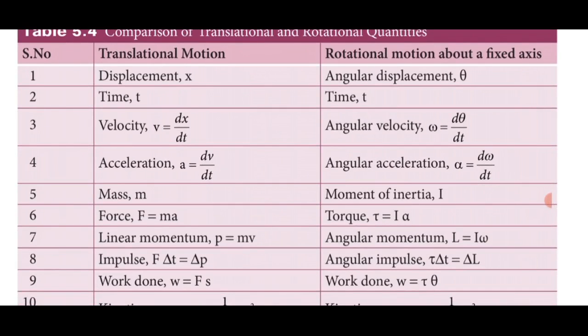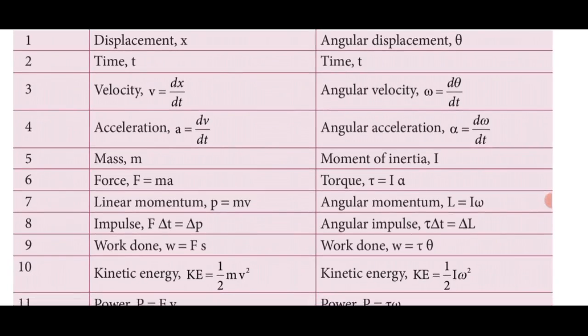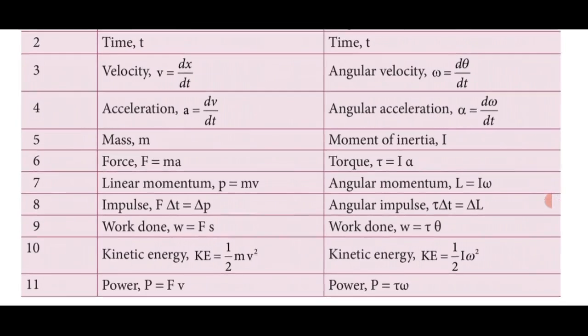Both have time t. Velocity in translational is v is equal to dx by dt, but in rotational omega is equal to d theta by dt. Acceleration in translational is dv by dt, and in rotational alpha is equal to d omega by dt.